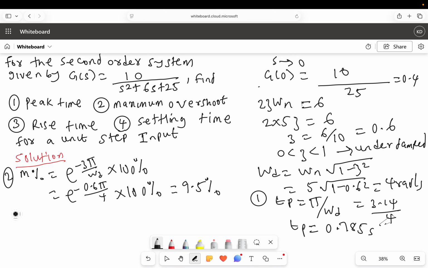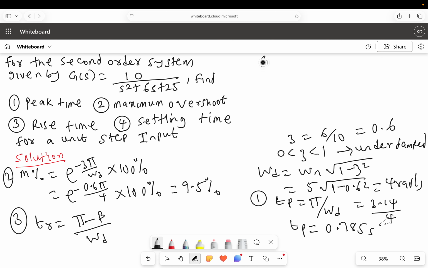So my rise time is given by the formula pi minus beta all over omega d, where beta is just tan inverse of omega d over zeta omega n. So it's just tan inverse of 4 all over 0.6 times 5, and it is in rad.